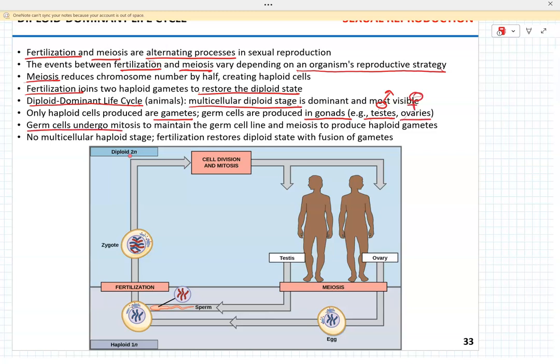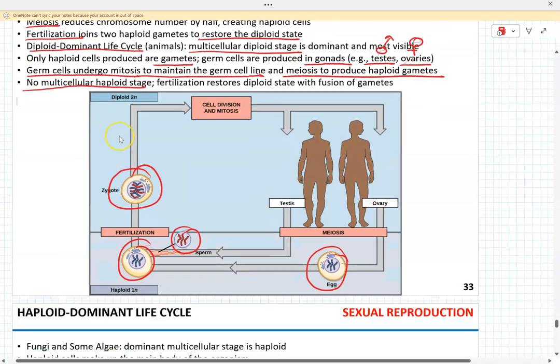Germ cells divide mitotically to maintain the cell line and use meiosis to produce haploid gametes. Gametes fuse during fertilization, forming a zygote. So there is no multicellular haploid stage. Fertilization is required to restore the diploid state when gametes fuse.